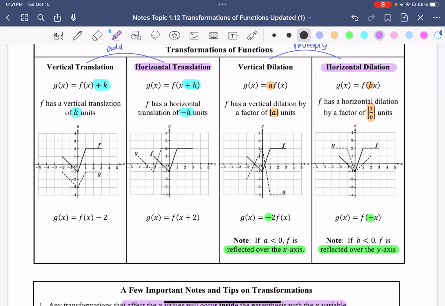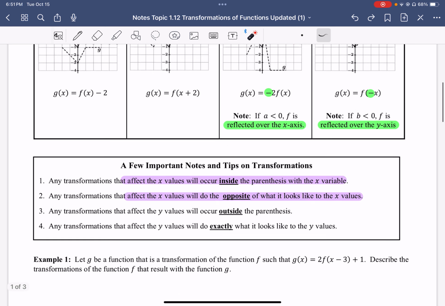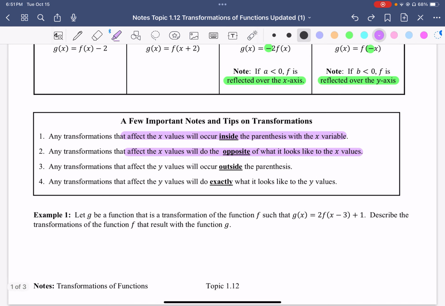Notice that both of those happen inside of the parentheses. So you've got the x plus h or you've got the bx, but that is inside of the parentheses, or you can also have the negative x, the reflection. All of that is happening inside of the parentheses. So again, the opposite. So if you think it's plus h, it's actually negative h, and instead of b, it's the reciprocal, 1 over b. So it's the opposite of what it looks like, and that only affects the x coordinates.